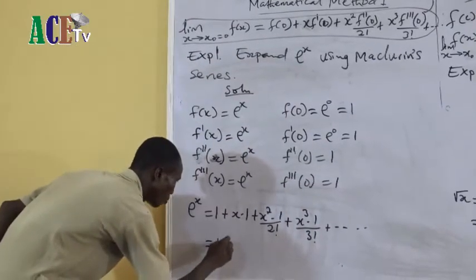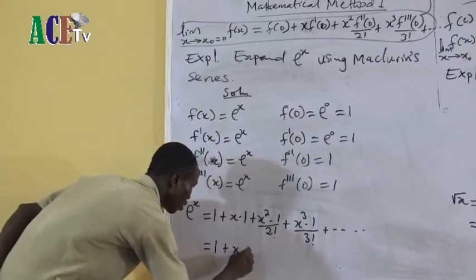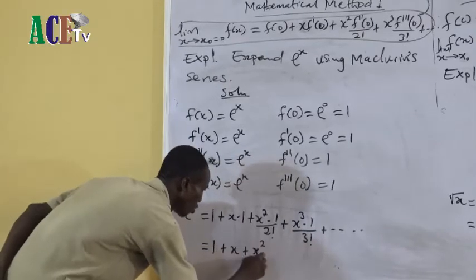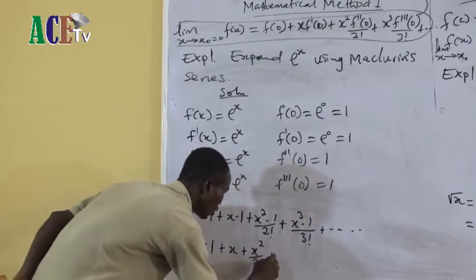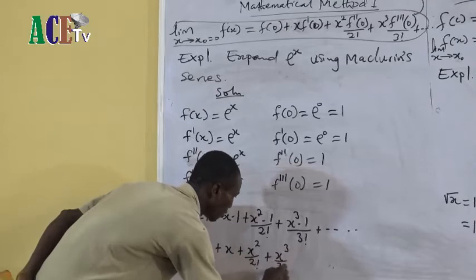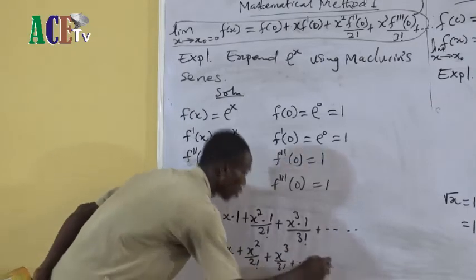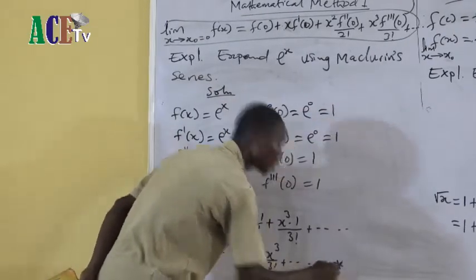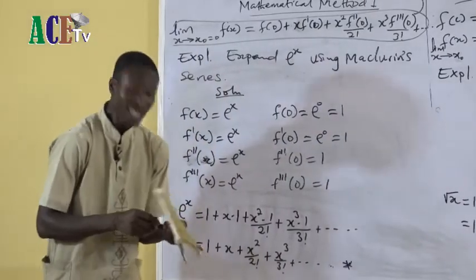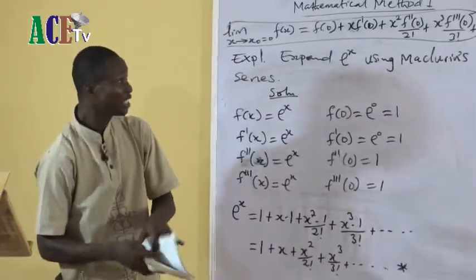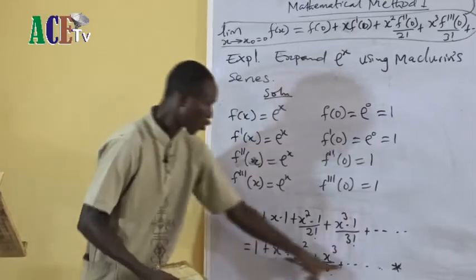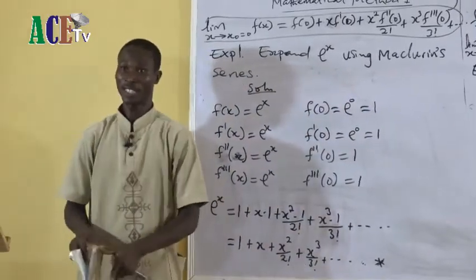And this is 1 plus x raised to the power 2 over 2 factorial plus x raised to the power 3 over 3 factorial, and so on. Compare this to the power expansion we did last time. You will see that they are the same thing.